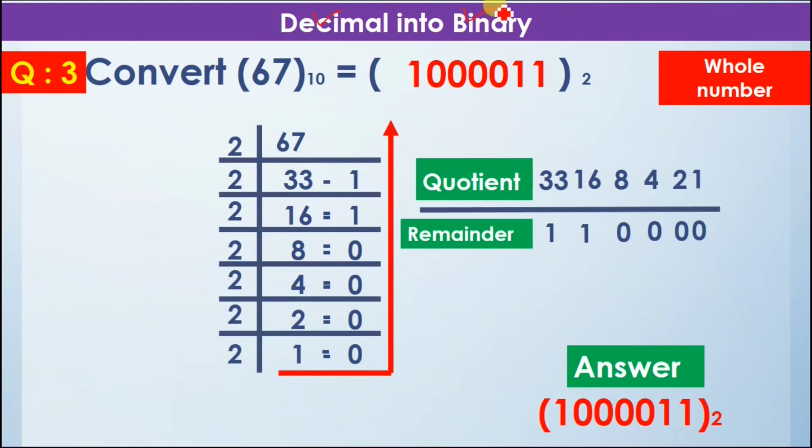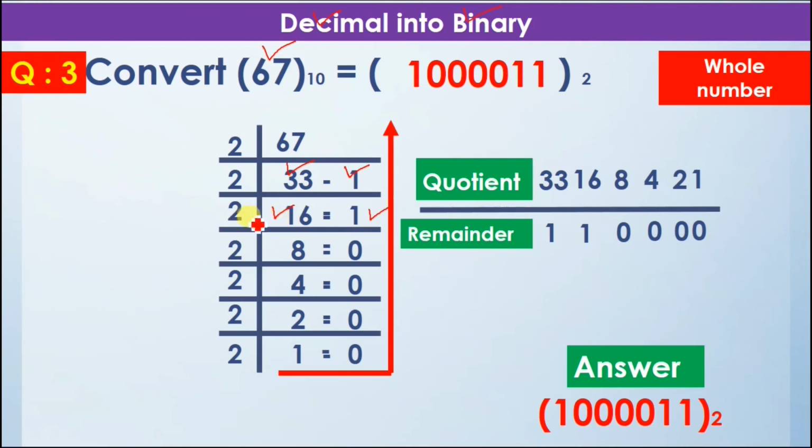Next we move to question number 3 solution, and here we have to convert a decimal number into binary. We have to convert the decimal number 67 into binary. First of all we will place it here and we will divide 67 by 2. The quotient is 33 and remainder is 1. Next 33 is divided by 2 and the quotient is 16 and remainder is 1.